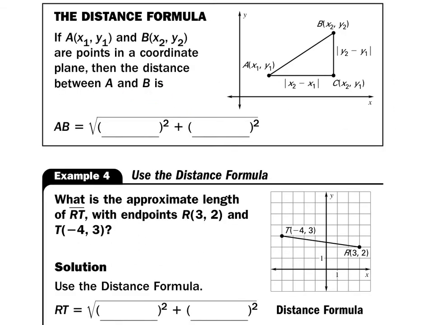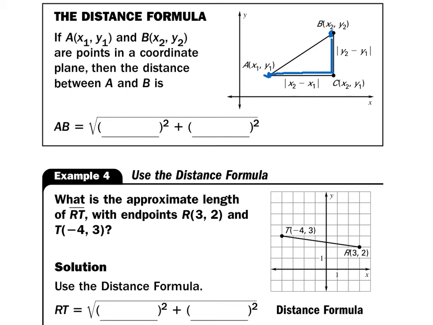Okay, the distance formula. The distance formula is a more complicated way to say the Pythagorean theorem. So if we're going to try to find the distance between A and B, what we can do is draw a right triangle around those two endpoints.